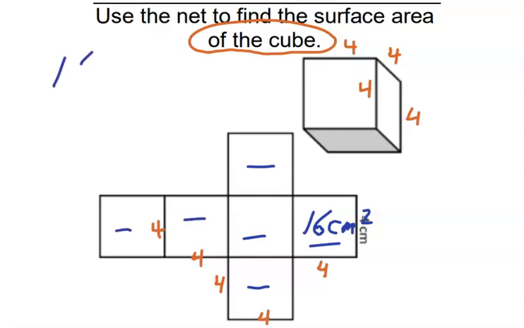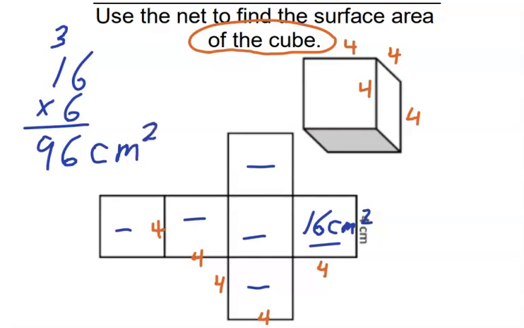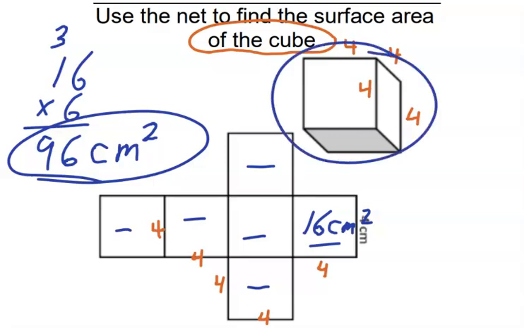So all you have to do to find the total surface area is do 16 times 6. 6 times 6 is 36. 6 times 1 is 6, plus 3 more is 9. So it's going to be 96 centimeters squared. So that is the total surface area. 96 centimeters squared would be the total surface area of this cube right here.